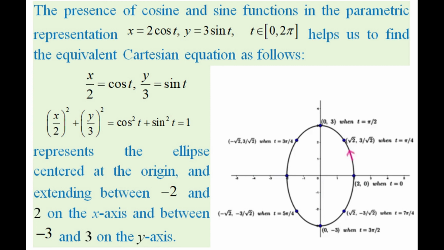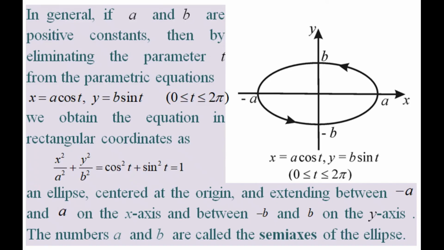In general, if a and b are positive constants, then by eliminating the parameter t from the parametric equations x is equal to a cos t and y is equal to b sin t, where 0 is less than or equal to t less than or equal to 2 pi, we obtain the equation in rectangular coordinates as x square by a square plus y square by b square is equal to cos square t plus sin square t is equal to 1.